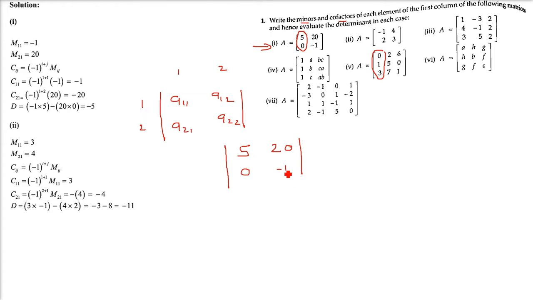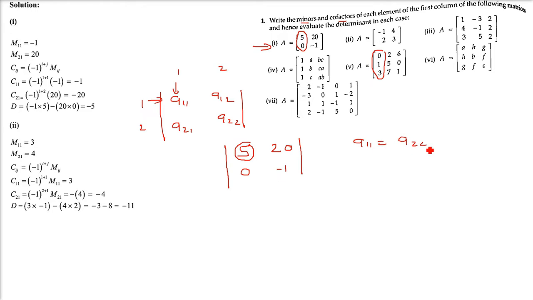Right? So in order to find the minor, as I said, we don't talk about plus or minus sign. To find the minor of A11, the row and column where A11 belongs is left out, and only A22 is left, that is the minor.